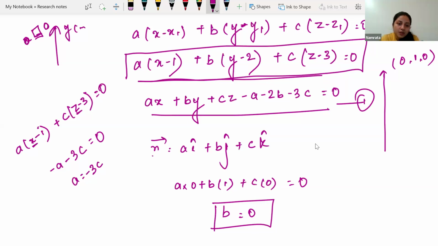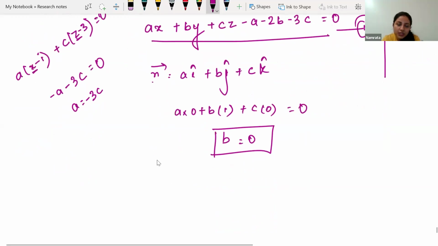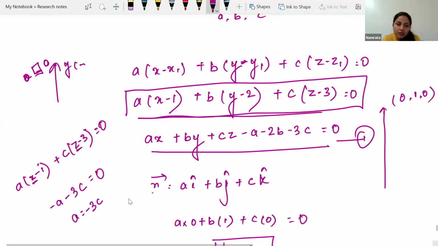If we substitute it in our equation of a plane, where b is 0 and a is equal to minus 3c, let's substitute it in this equation. Here a is minus 3c, b is 0, c will be c only, z minus 3 is equal to 0.